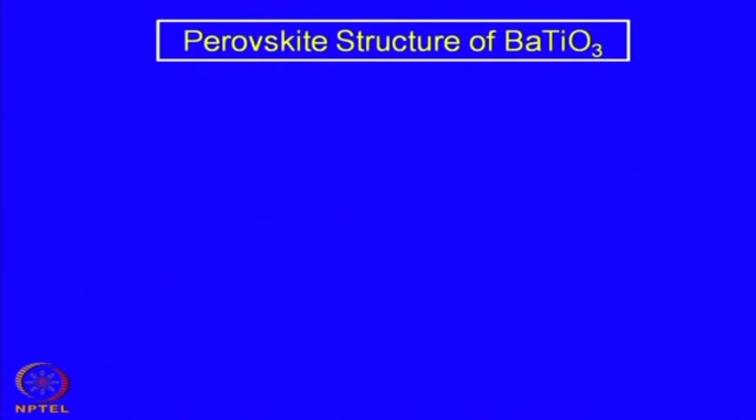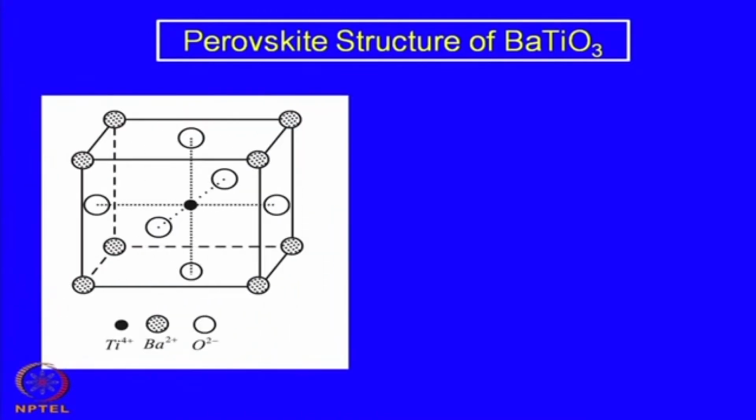What is the structure of barium titanate? As has been mentioned, it is basically a perovskite structure, and perovskite, as you have discussed earlier, is a family of compounds, and although the particular name relates to the mineral calcium titanate, the structure is a structure type, and a large number of compounds do crystallize in this particular form, and all of them are called perovskite compounds.